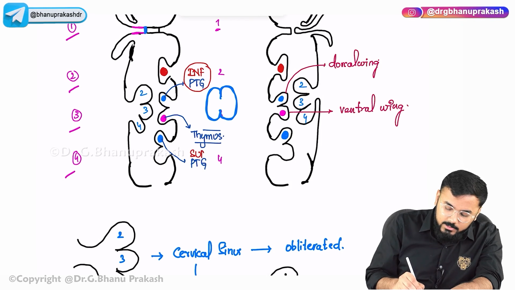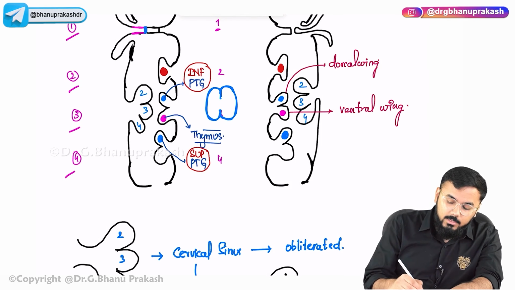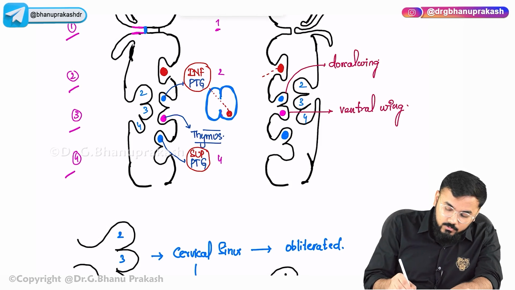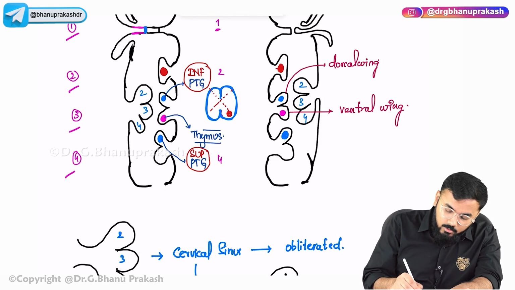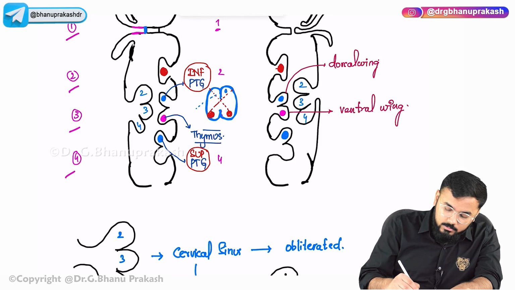This bottom one is the superior parathyroid gland. So what is going to happen? The inferior parathyroid gland will travel all the way down inferiorly, crisscross in this way. And the superior parathyroid gland will travel all the way superiorly, crisscross.